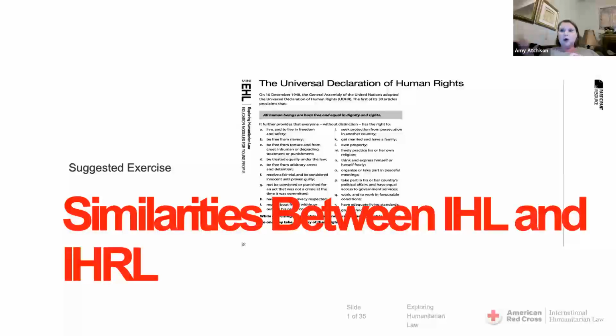So the rules of war, some of them have ancient roots. International human rights law is a much more modern body of law. It comes out of a lot of times Enlightenment principles, and it really gets enshrined in the modern era, 1948, Universal Declaration of Human Rights. But if you read the whole Universal Declaration of Human Rights, it's a lot.